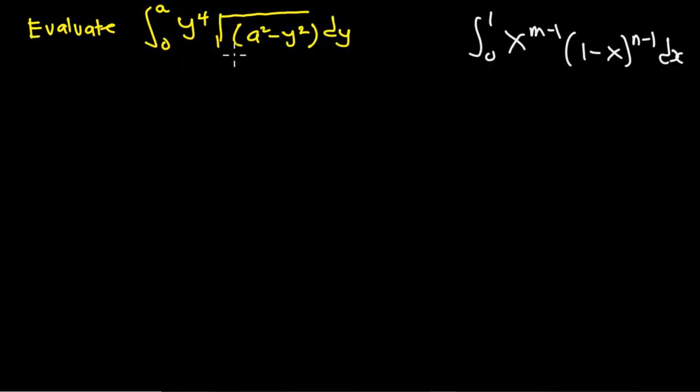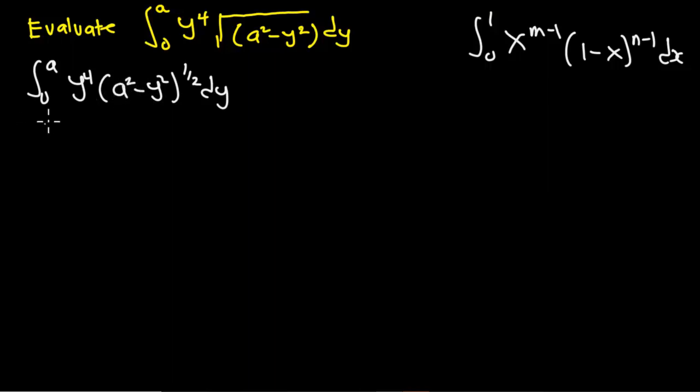Now let's start. We can write this as the integral from 0 to a of y exponent 4 multiplying a squared minus y squared exponent half dy. Looking at the beta distribution, we have 1 minus x. So how do we get 1 in this bracket? To do that, we can factorize a squared out so that we can get the one that we want.